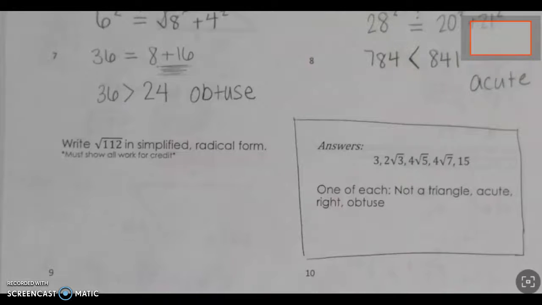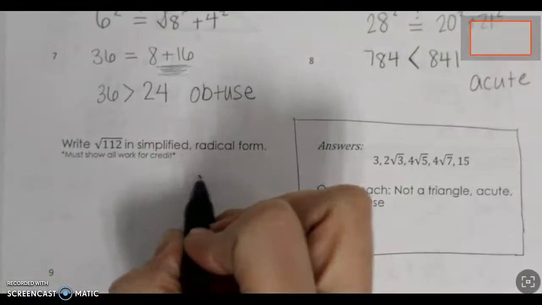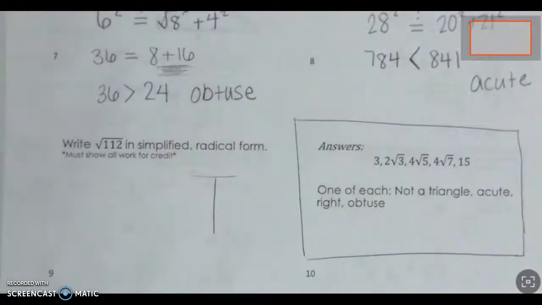However, if you're looking for a 3 or a 4, you have to actually show your work for simplifying this radical. Does that mean you have to do a t-chart?